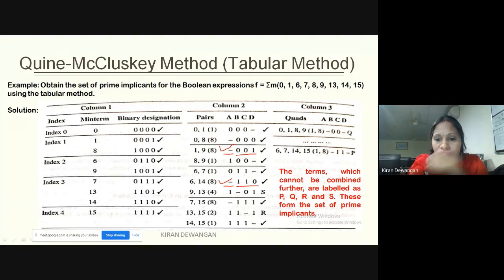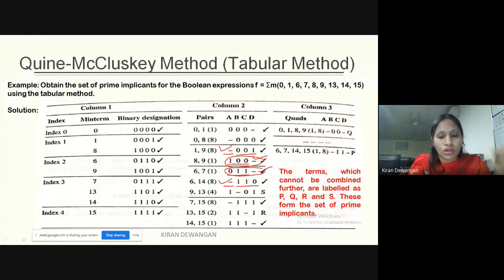But if I go for this one and this one, will it form a quad? Again, no, because the dash positions are the same, but the bits are not different. The bits should have only one bit difference. It is 1, 0, 0 and this is 0, 1, 1.